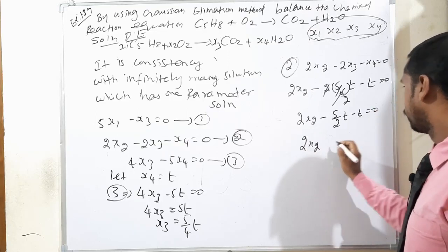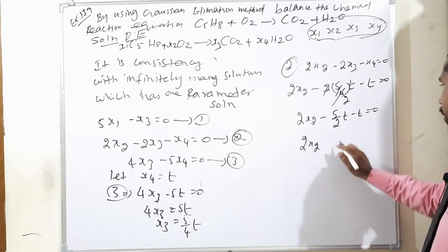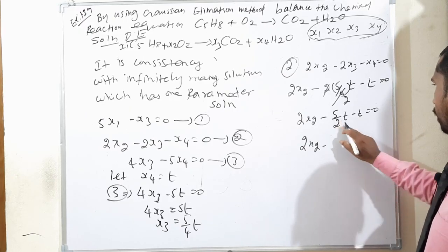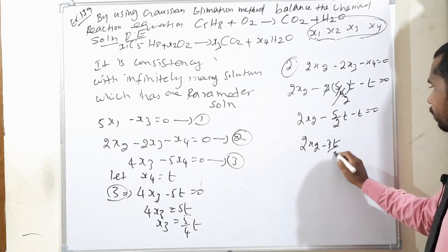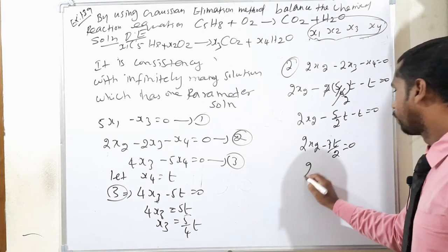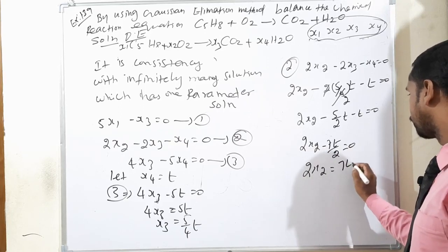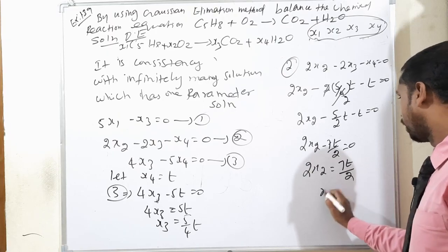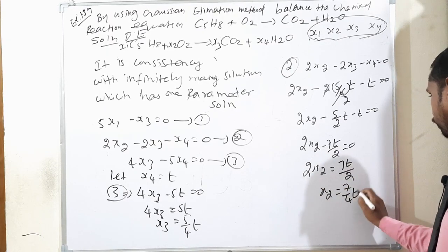Taking the common denominator 2, minus 5t minus 2t means minus 7t by 2 is equal to 0. Therefore, 2x2 minus 7t by 2, bring to the opposite side, positive 7t by 2. Therefore, x2 is equal to 7 by 4 into t.